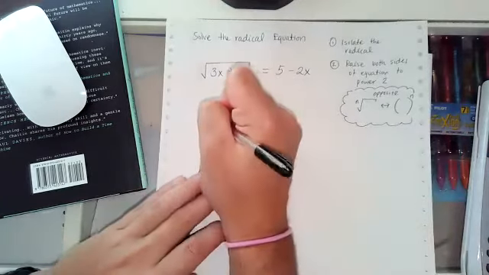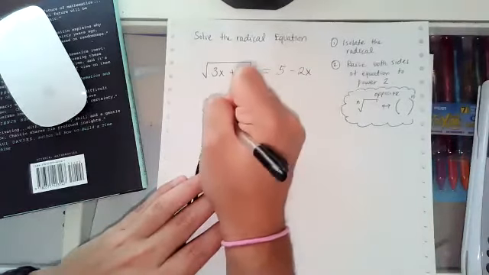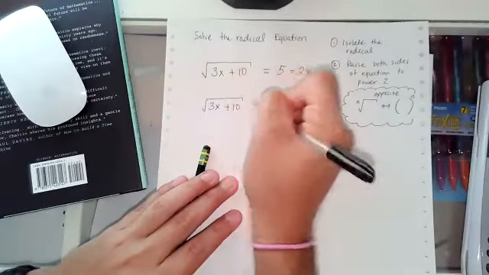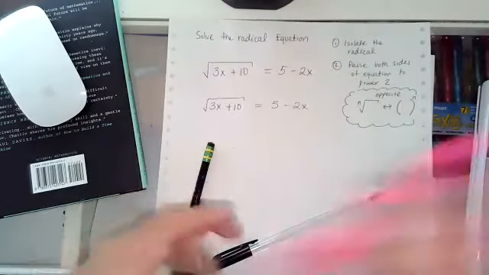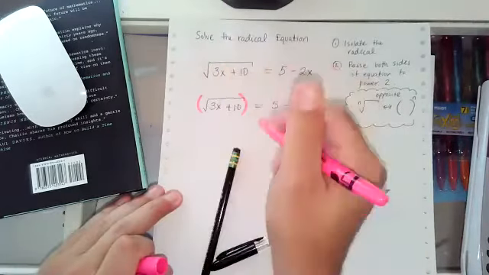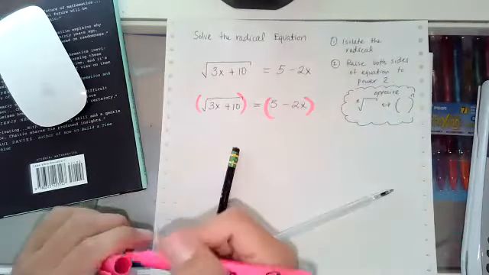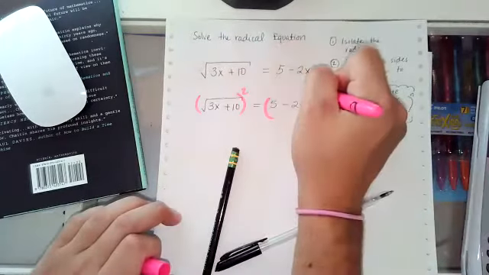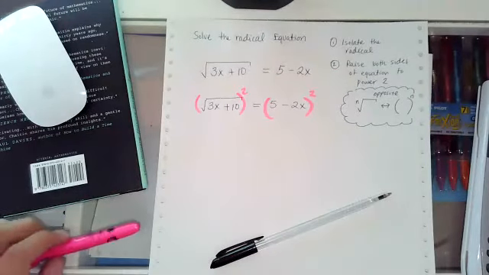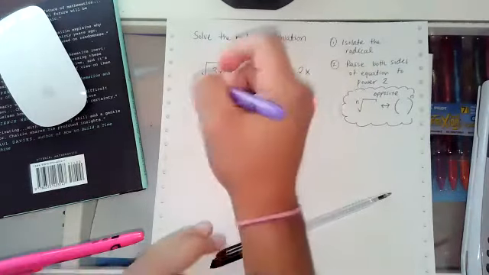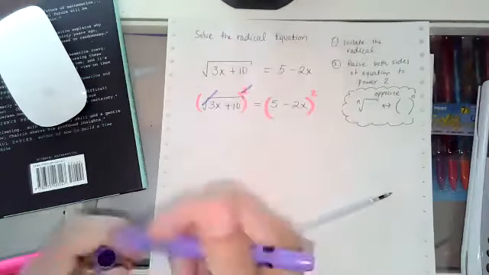So that's why when we see this problem, we said, okay, square root, so we need to raise everything to the 2nd power. I'll wrap both sides of the equation in parentheses, and I'll raise everything to the 2nd power. The 2nd power on the left-hand side will cancel out the radical.